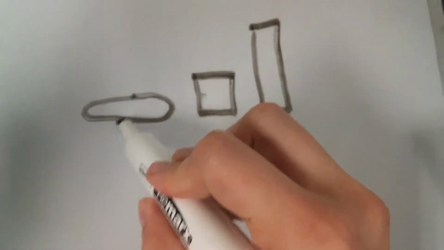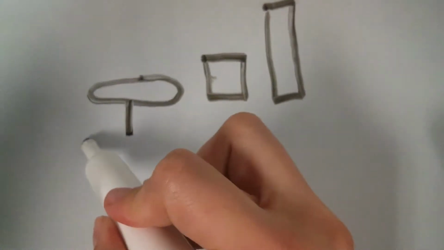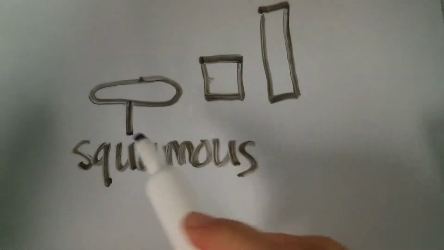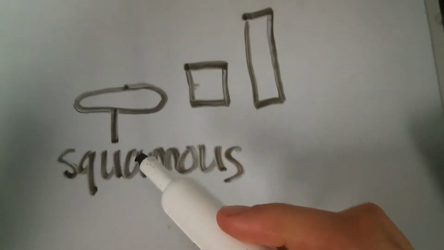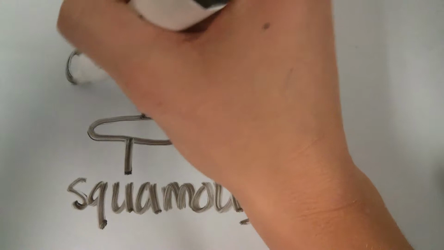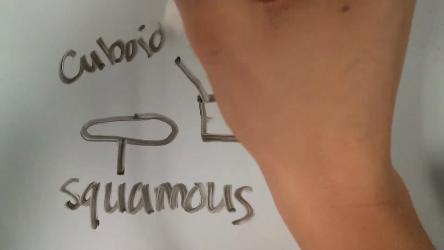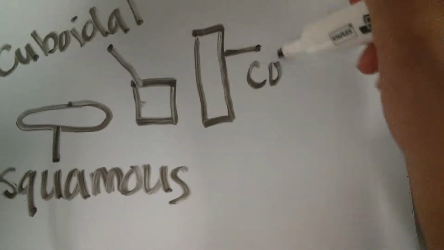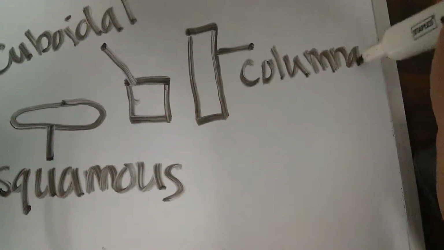This one looks like a little squashed pancake, and these are called squamous. So the flat, squished appearance is a squamous type of epithelium. This one is shaped like a square or a cube, so it's going to be called cuboidal, and this last one is shaped just like a column, and this one is going to be called columnar.